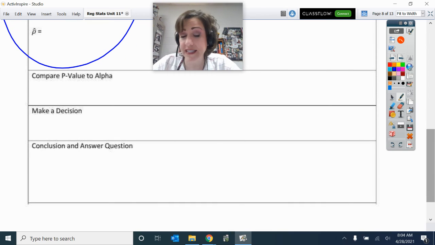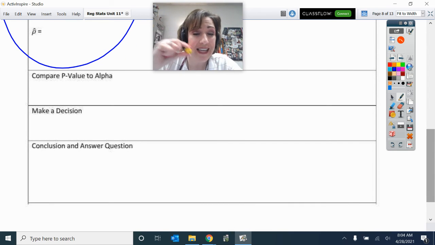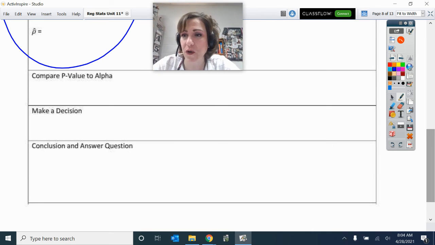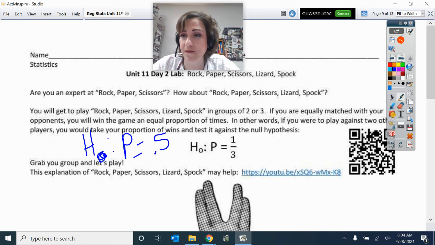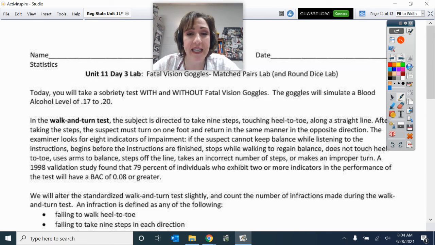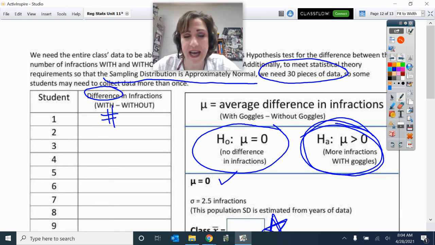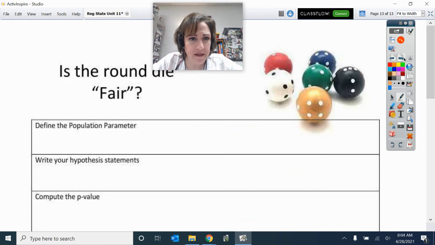See if you have evidence that this die with the weight inside is not fair. I'm very interested in finding that out. I wish I would have put an actual page for you to compute that, but I did not. Oh, wait, maybe I did. Yeah, I did. Okay, good.